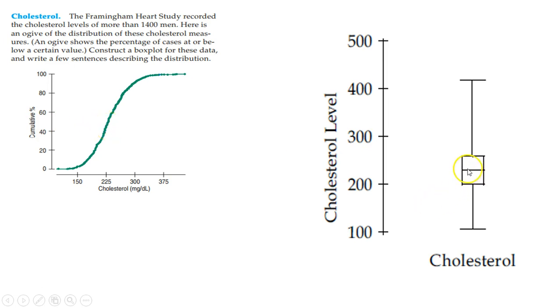Quartile 1 would be about 25%, so it would be right around in here, which is pretty close to 200, as we're trying to do this. Quartile 3 would be 75%, which would be around here, right underneath 300, which is what they have.